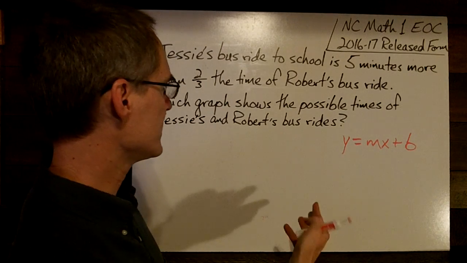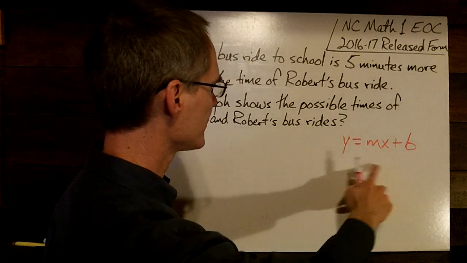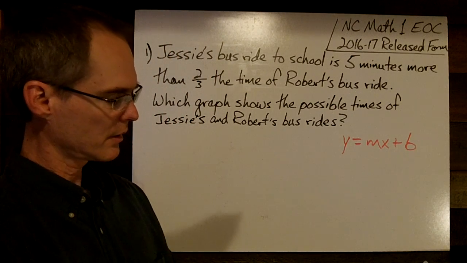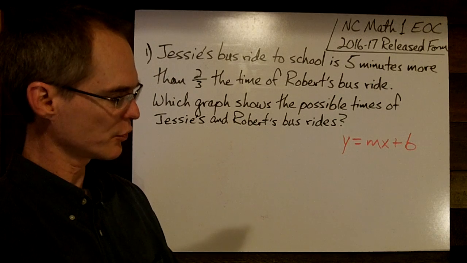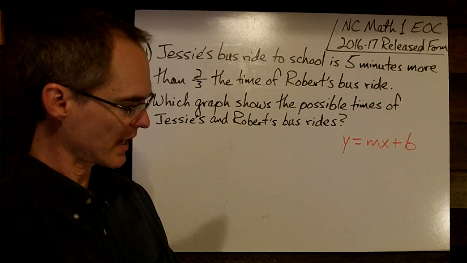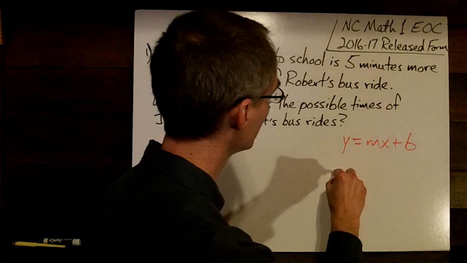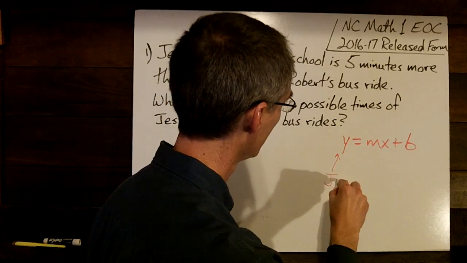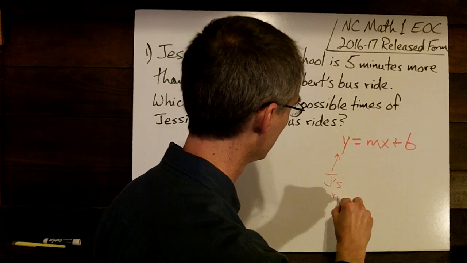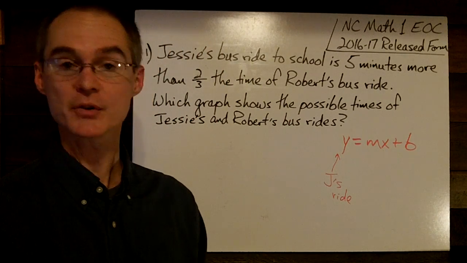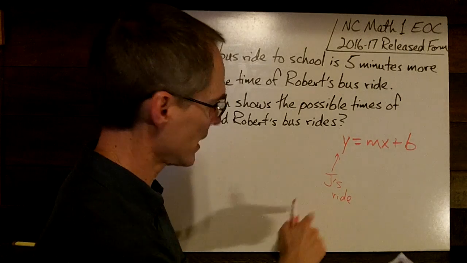Okay, so let's see. y equals mx plus b. I notice for all of the graphs in my answer choices, Jesse's bus ride is listed as the y-axis. So apparently y is going to stand for Jesse's bus ride, or more specifically, the length of Jesse's bus ride in minutes. I'm just going to call that J's ride.